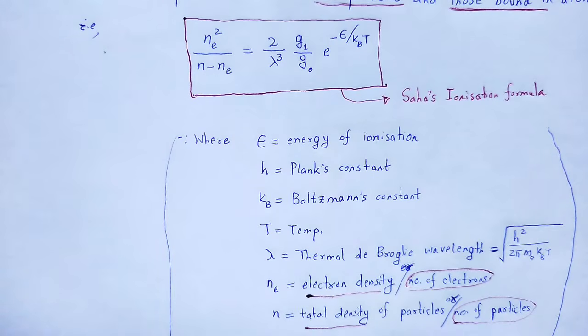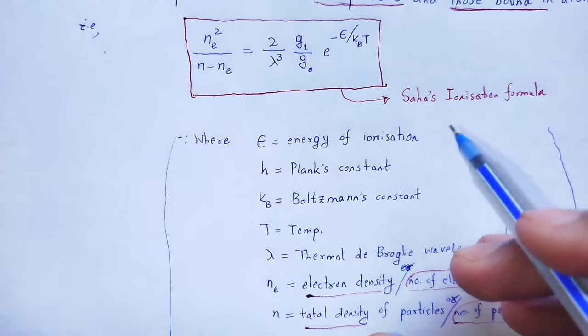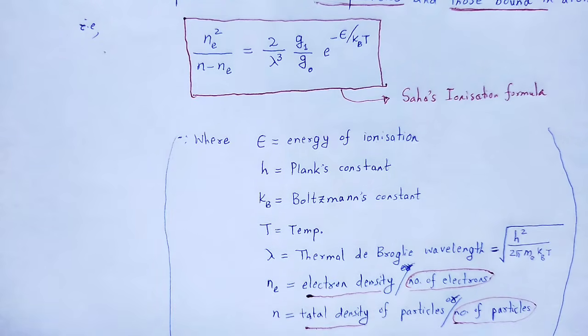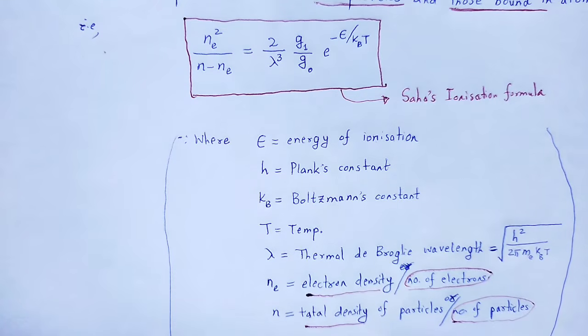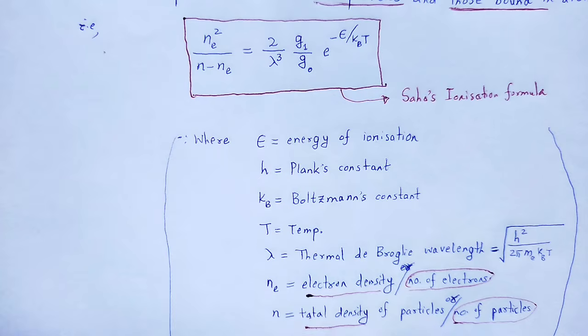What exactly does Saha's ionization formula signify? As we see stars, in stars it produces a huge amount of energy. One example of a star is our sun.